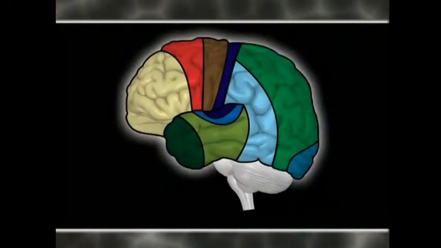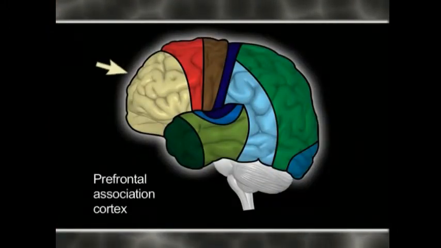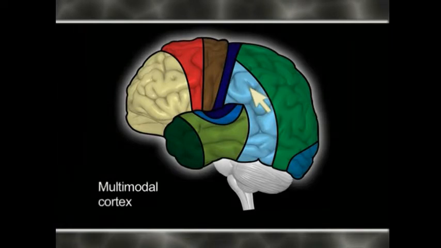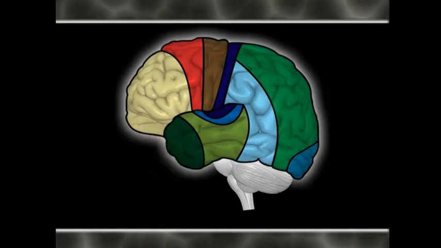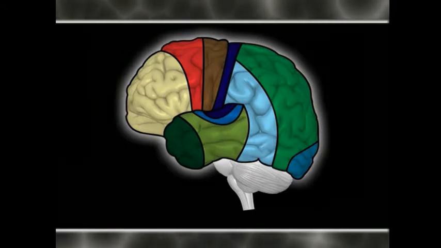So if we were to look again on a drawing, here's our prefrontal association cortex involved in executive functions. Here we have multimodal cortex. Here we have limbic association cortex. This is really important to point out because these definitions are constantly changing.